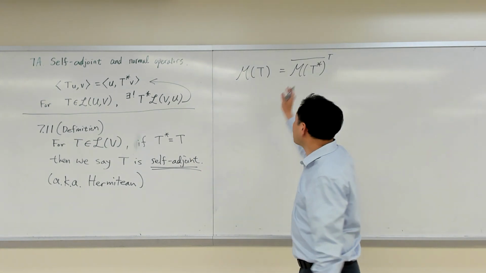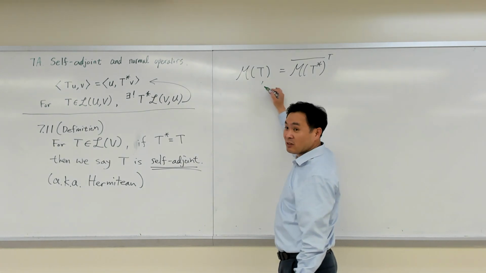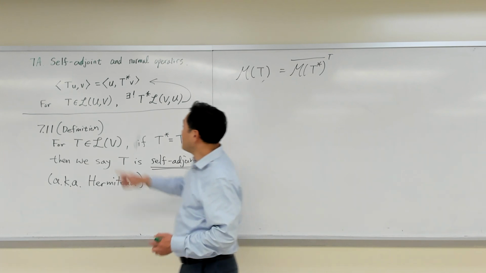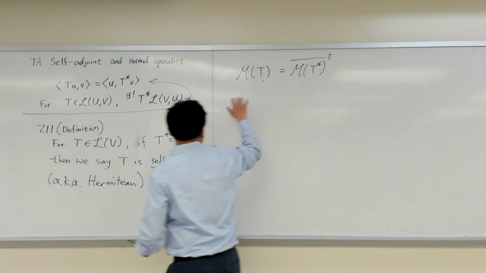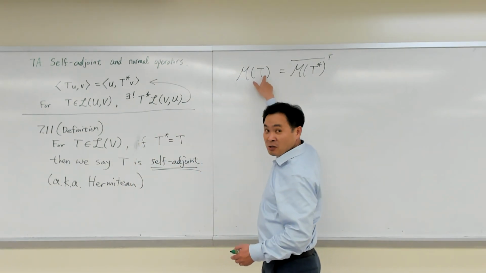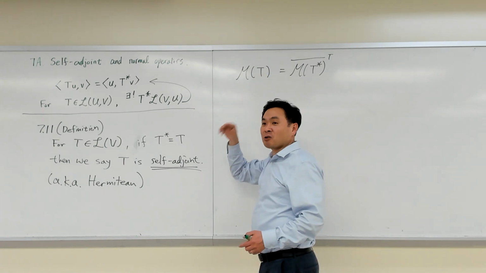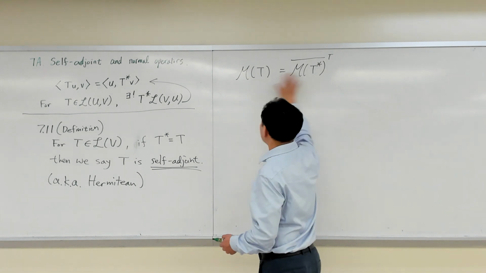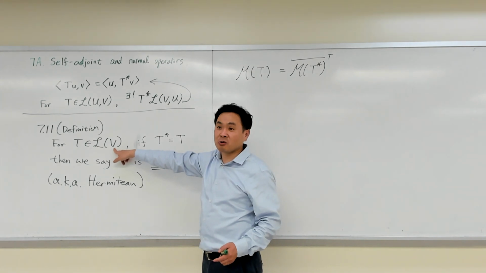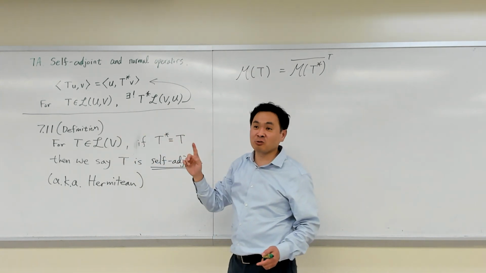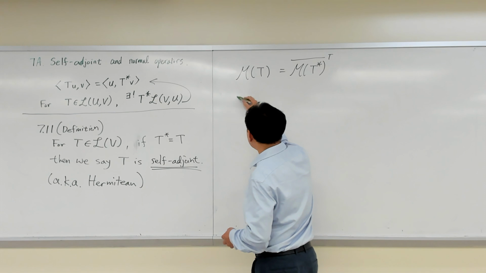Now, underlying this, what I'm not really saying is that, you know, to write a matrix, you need to choose a basis, right? So in the case of bases for U and V, let's say B1 and B2, you really need to write down T of B1 in terms of B2, and only when those two bases are orthonormal bases does this relationship hold, okay? Now we're working with an operator, so you don't need two different bases, you just have a single basis, okay? So if I write the basis explicitly, we're really saying the following.